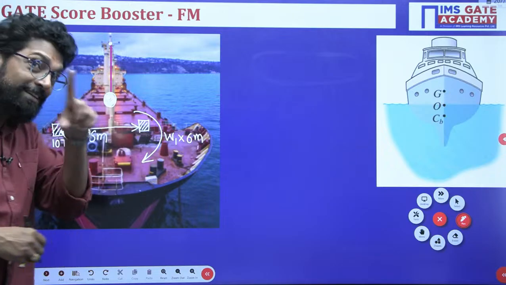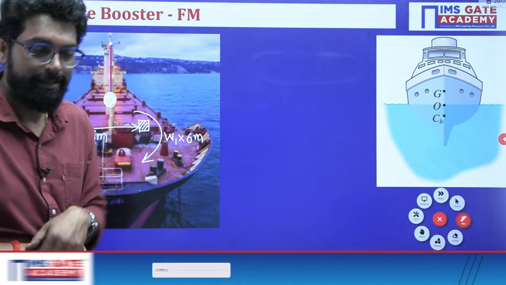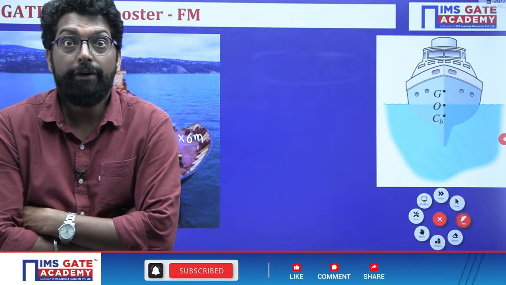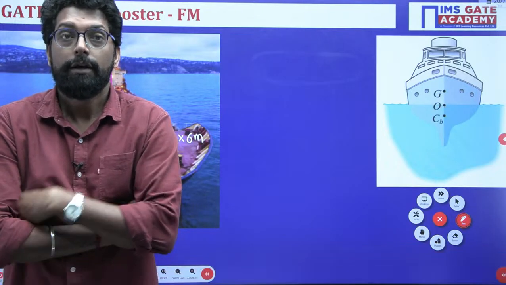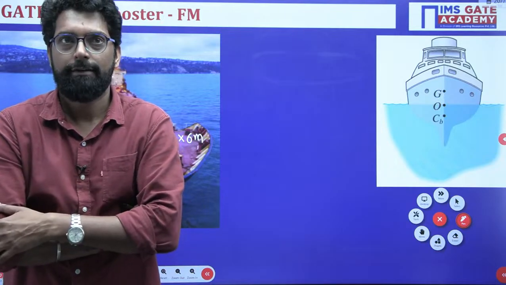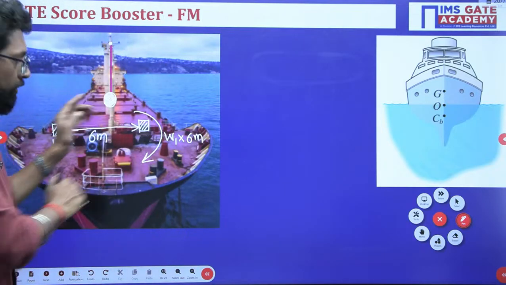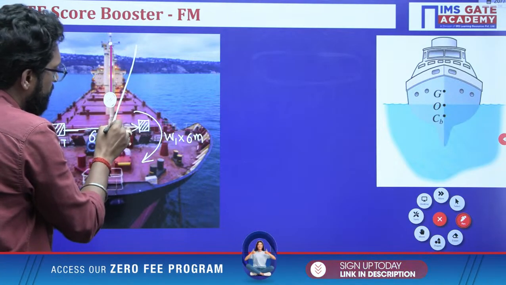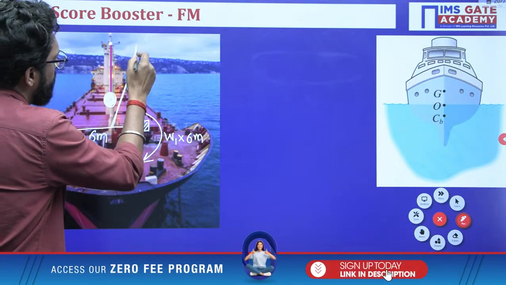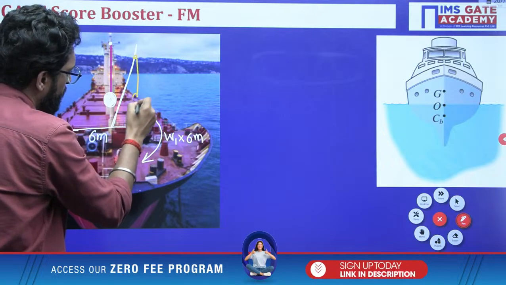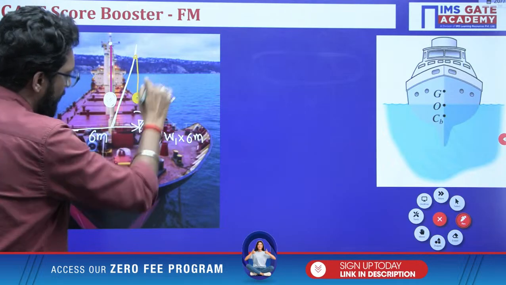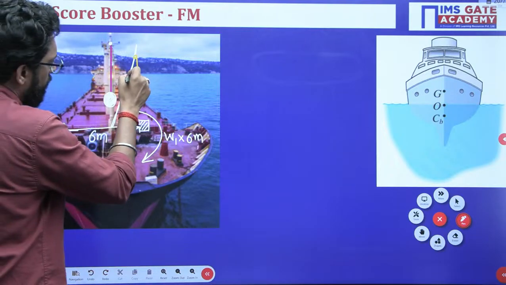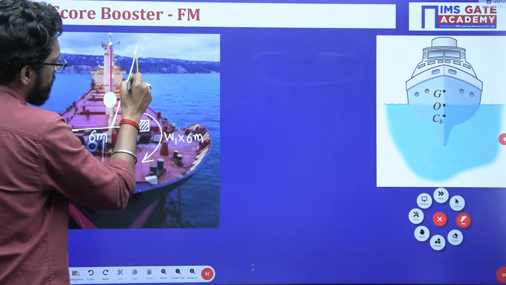So how to measure this tilt? This is very minimal. If you are on the ship, it is very difficult to say that there is a tilt. So there is a pendulum. If it tilts, this post is like that after tilting, so this pendulum will be in this position. After tilting, this position. Now, this is angle of swing, theta.